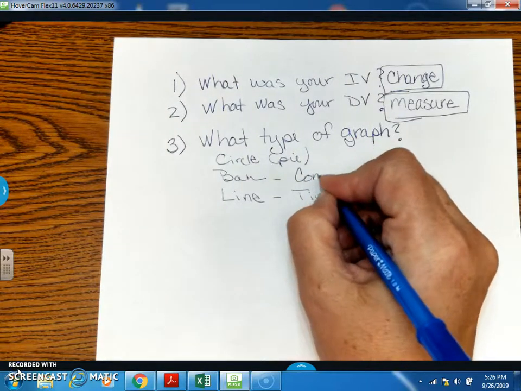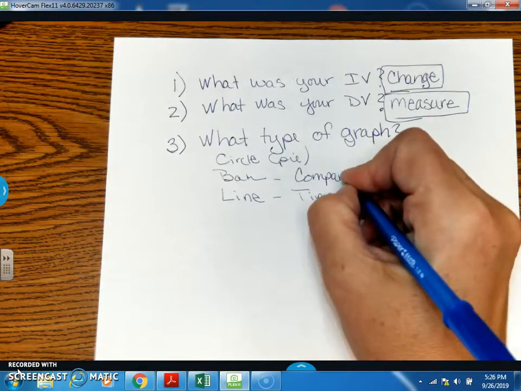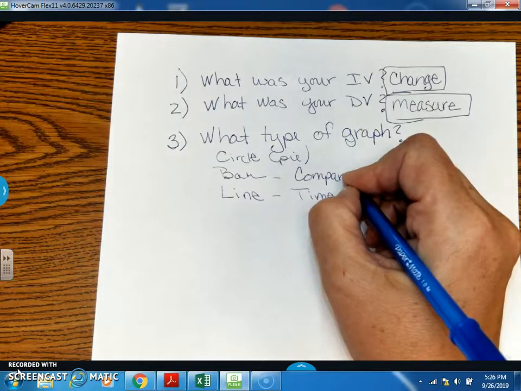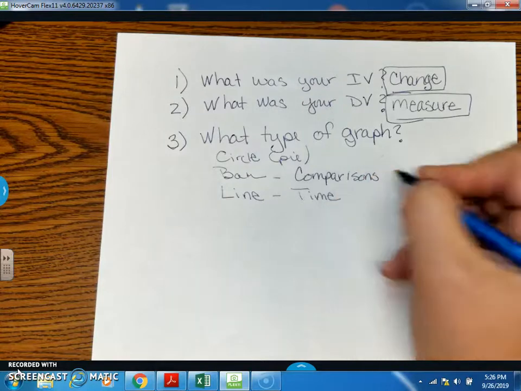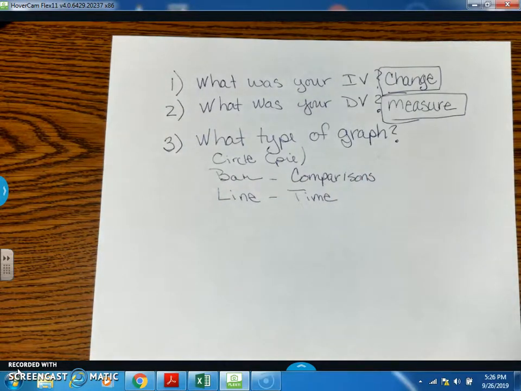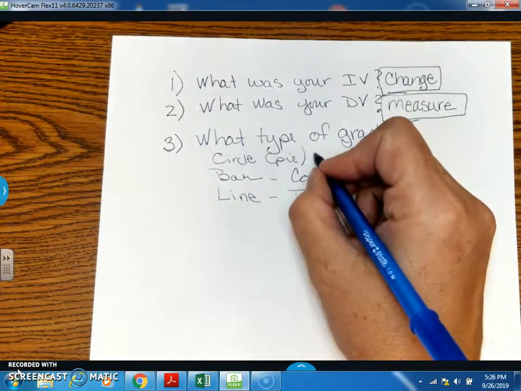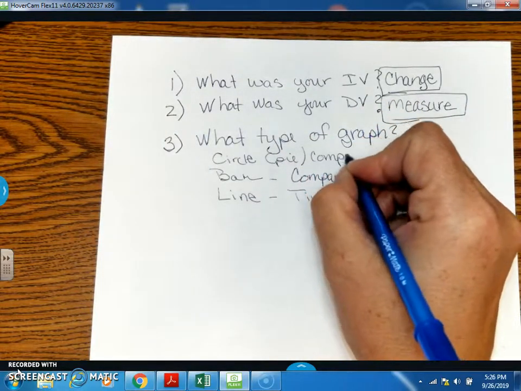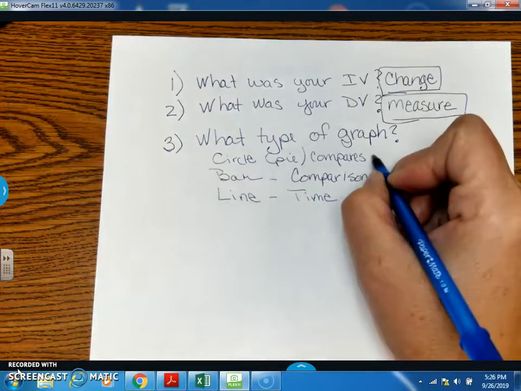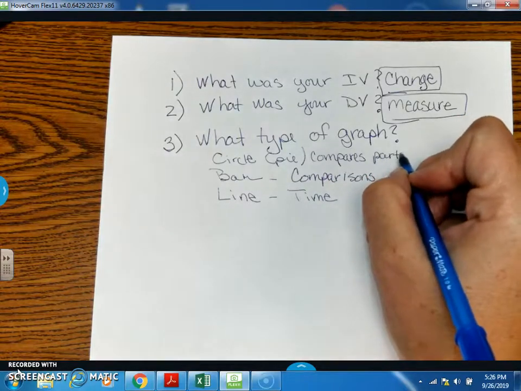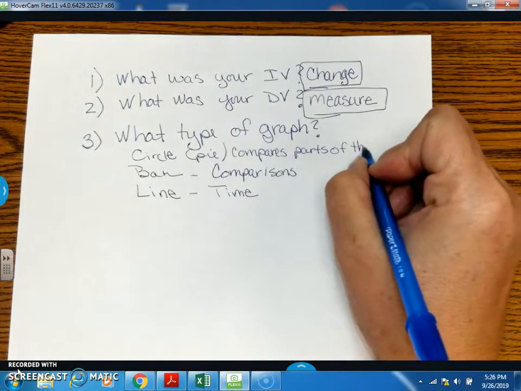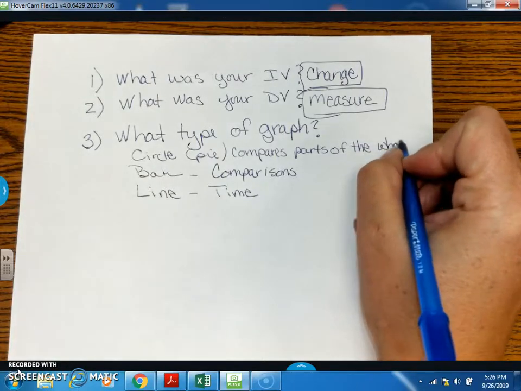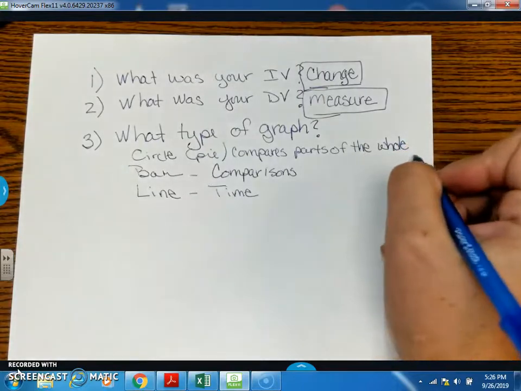This one shows comparisons of groups of data. And the circle pie graph compares parts of the whole. So it compares parts of the same thing.